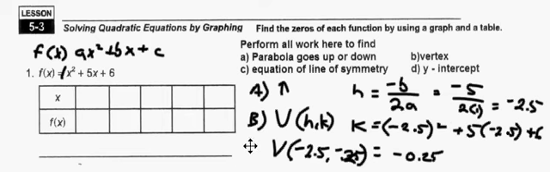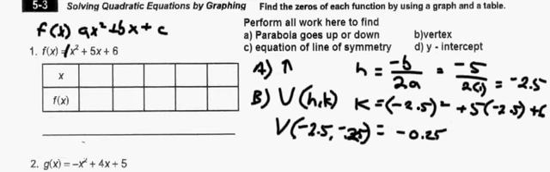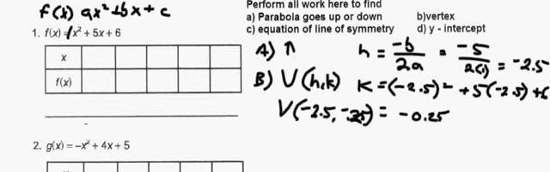Well, if I look at the x-coordinate of the vertex, that is my equation of the line of symmetry. So C then would be x equals negative 2.5.